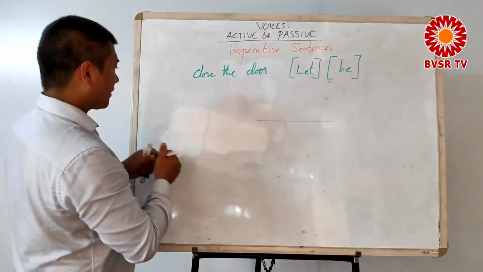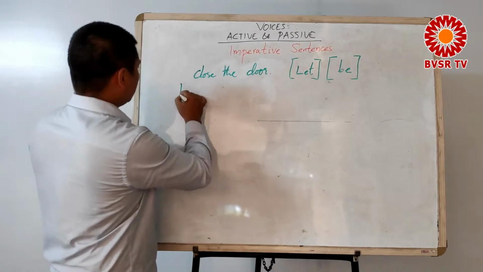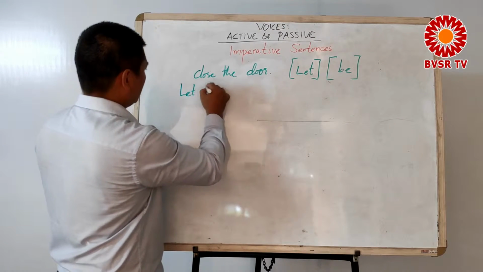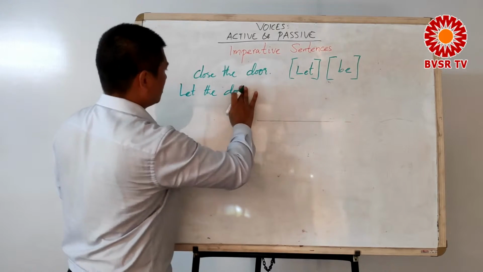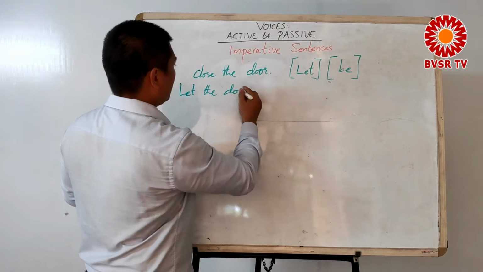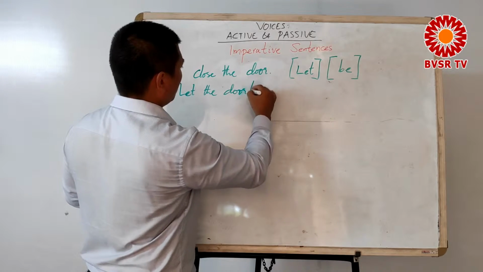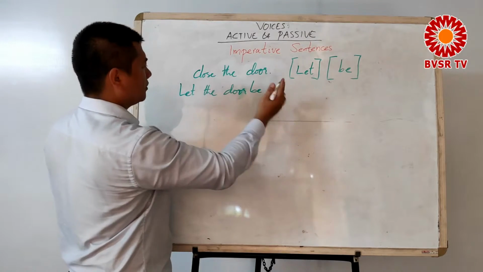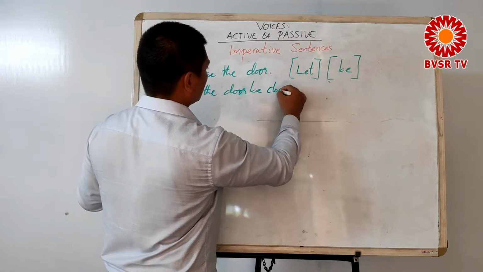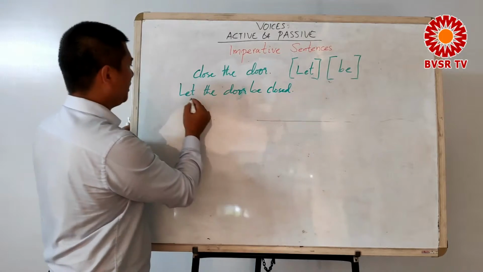Now how to convert? Let the door be closed. Close V3, keep in mind, so it will be closed. Let the door be closed.